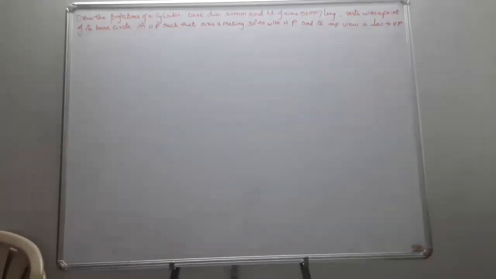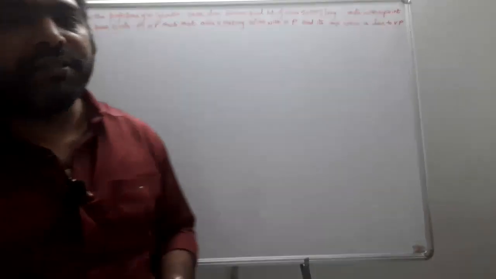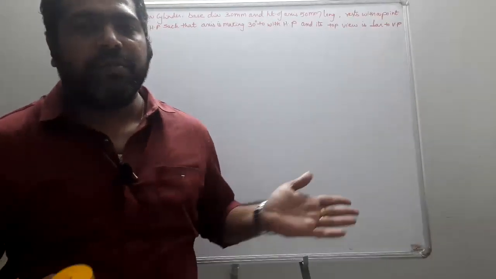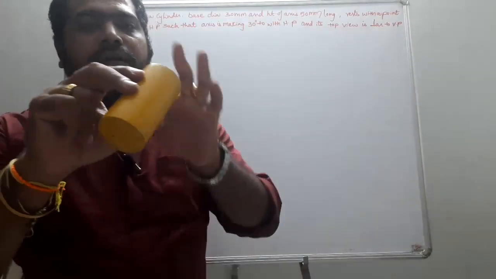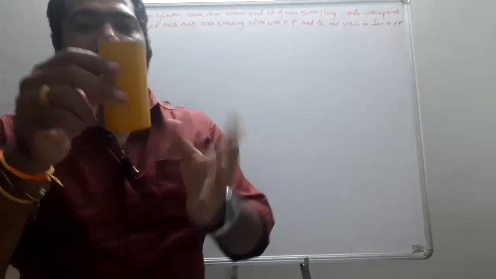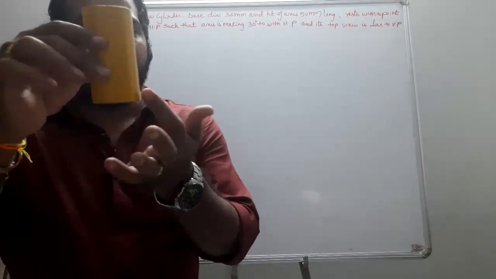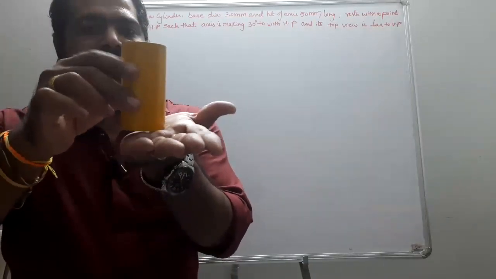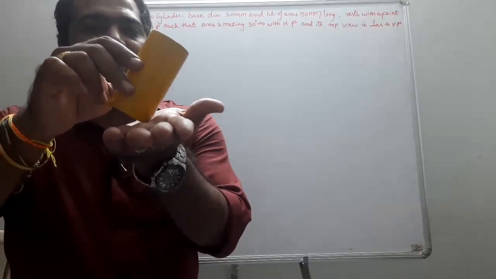Such a simple problem. We already did the simple position. We know stage 1 and stage 2. Only stage 3 is what we are supposed to see in this problem. Cylinder diameter 30 and height 50, resting with one of its base circle points on HP, and the axis making 30 degrees to HP.